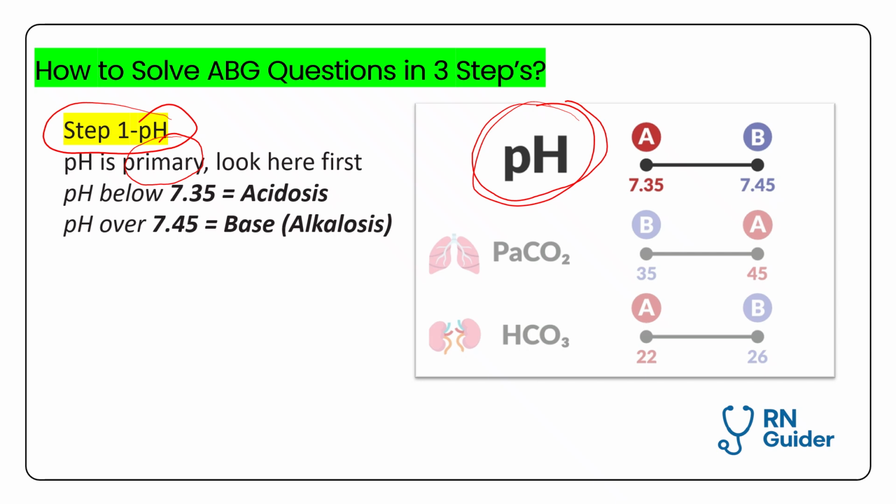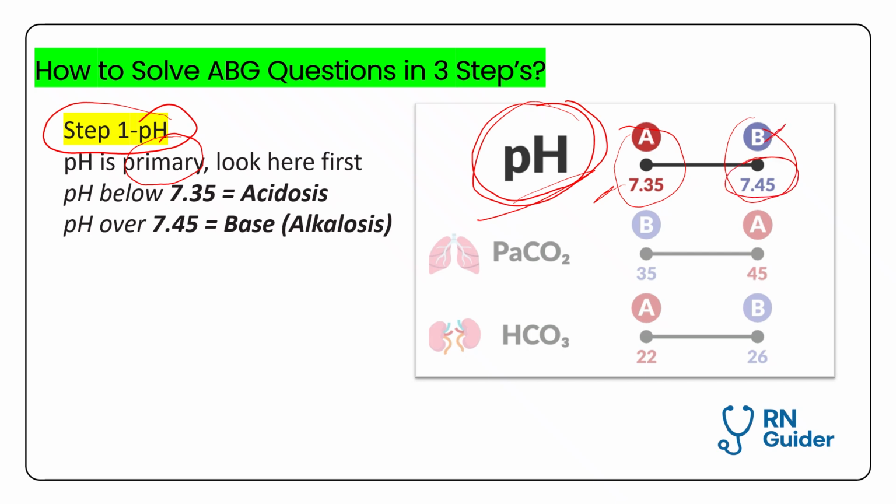If you get any report for ABG, you have to look at the pH value and see whether it is acidosis or alkalosis.